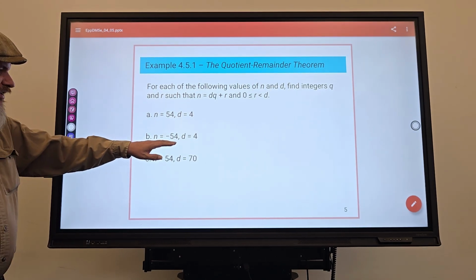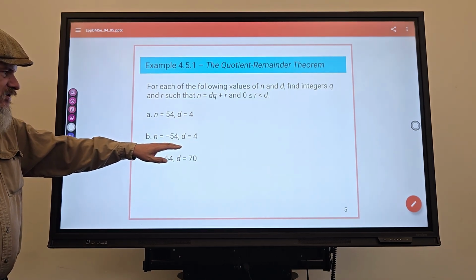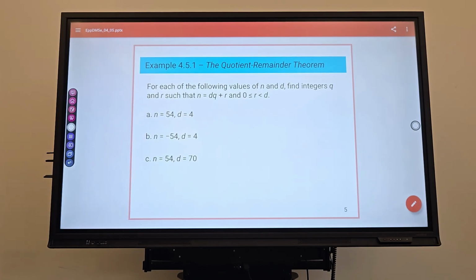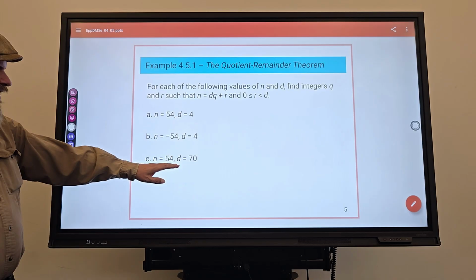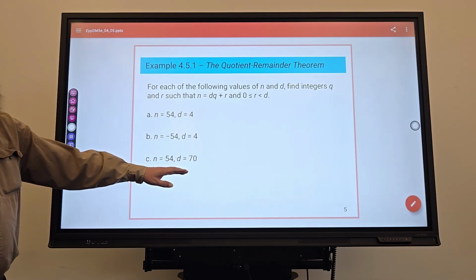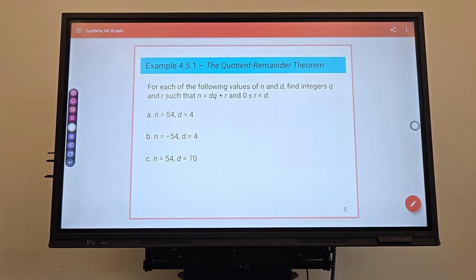This would be minus 14 and 2. And this would be 1 and 16. r equals 16, right? Sound about right? I'm just doing this stuff in my head, so I don't know. I'm not a human calculator.